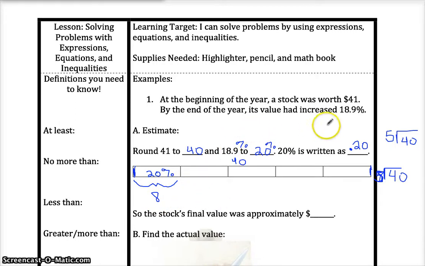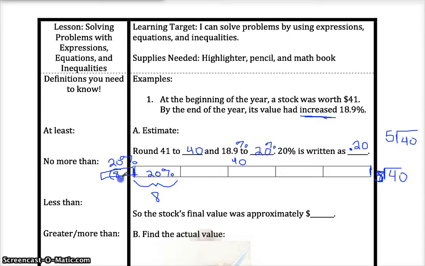So it's asking us, in the question, it says the value increased by about 20%. So with this bar, we need to add an additional bar onto it because each bar represents 20%, right? So here's another bar that represents the growth, how much it increased by 20%, and we already know that 20% is 8.